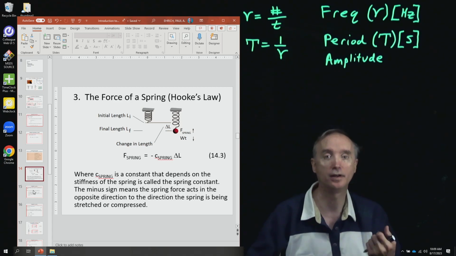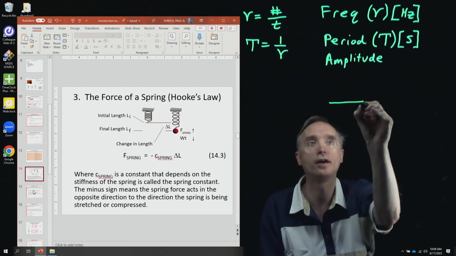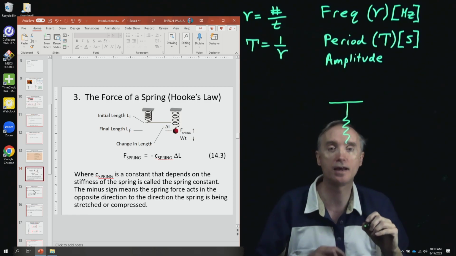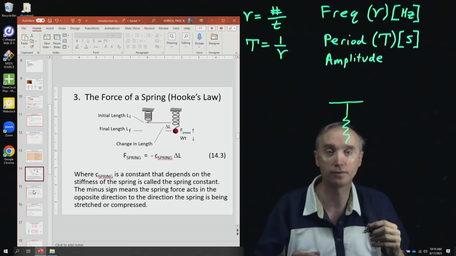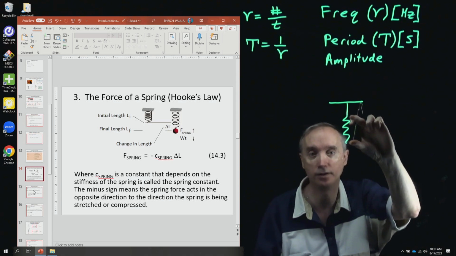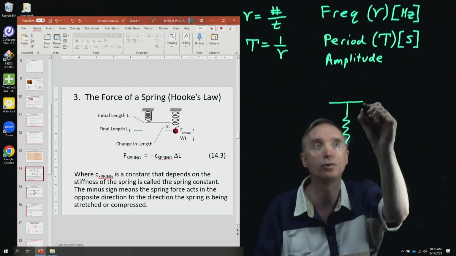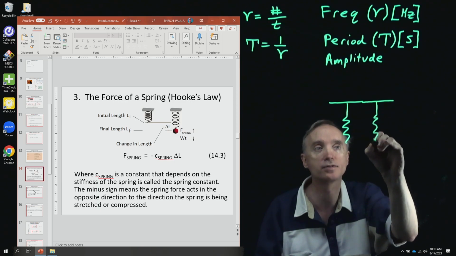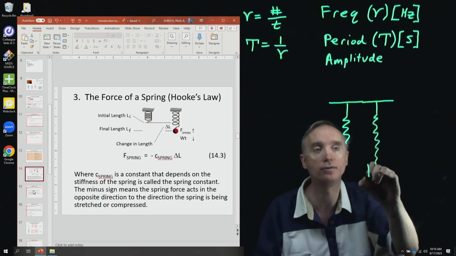So here's the idea: you're going to have a spring, and this spring has an initial length. So this spring is this long right here. Then we're going to put a weight on the end of that spring, and it's going to stretch it out.